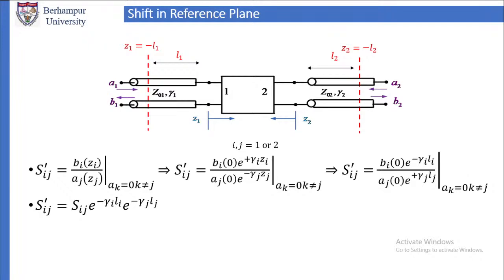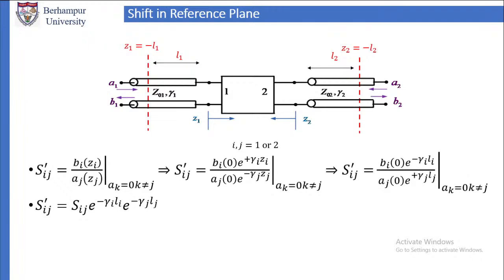So if the reference is changed by a distance L, whether it is L1, L2, according to your i and j, where j is the port towards port 2 and i is towards port 1, you can find out the new S parameter in the shifted form.